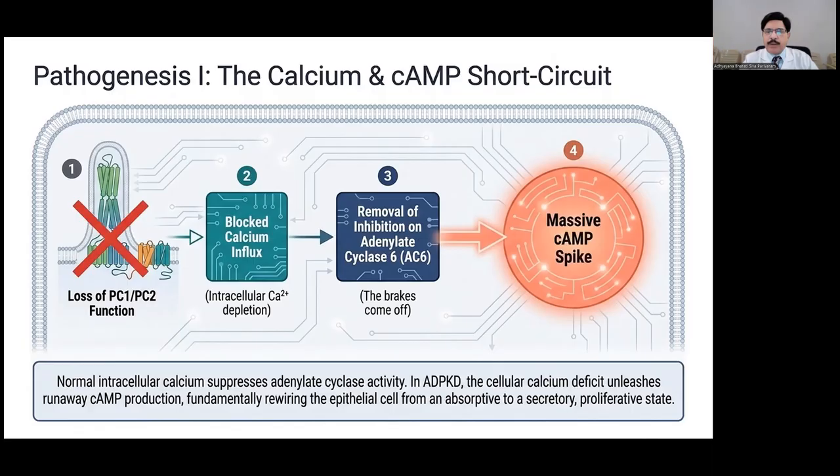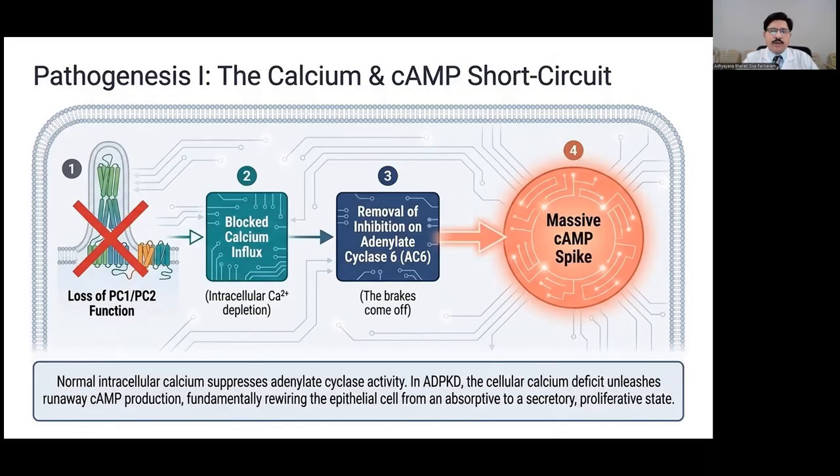In ADPKD, the cellular calcium deficit unleashes a runaway cAMP production and fundamentally rewires the epithelial cell from an absorptive to a secretory and proliferative cell. Earlier, what was its function? It was an absorptive cell and tried to absorb the fluid from the renal tubule. Now it became a secretory cell and a proliferative cell, and cyst formation is there.